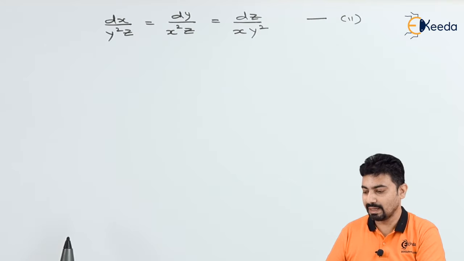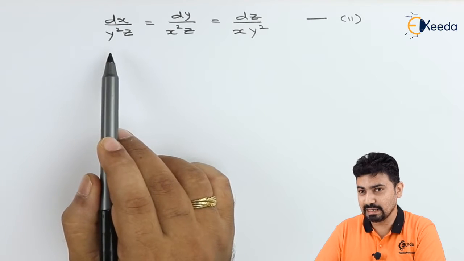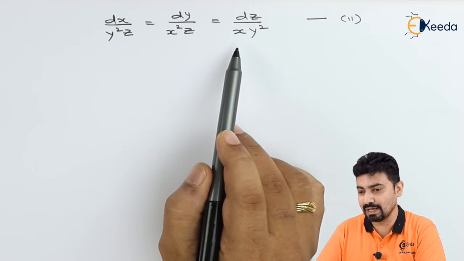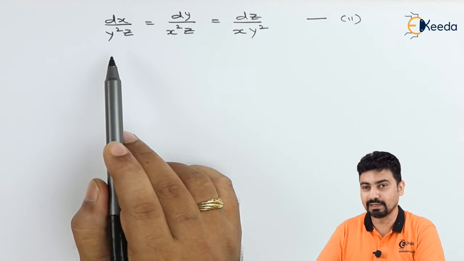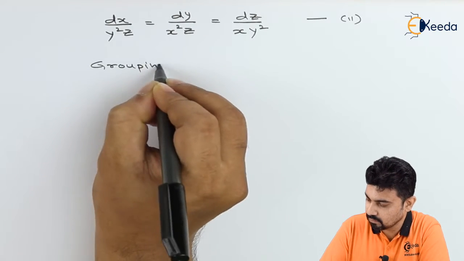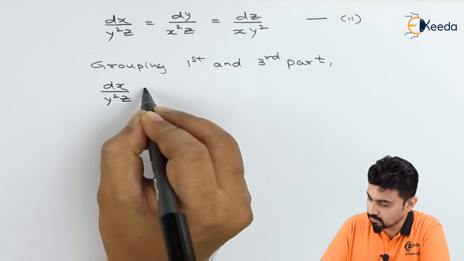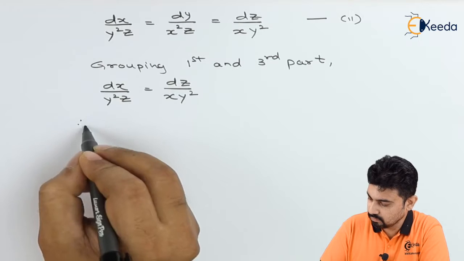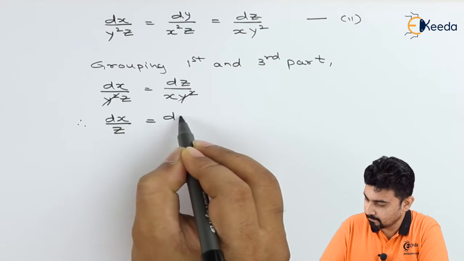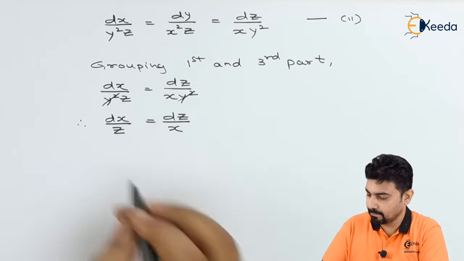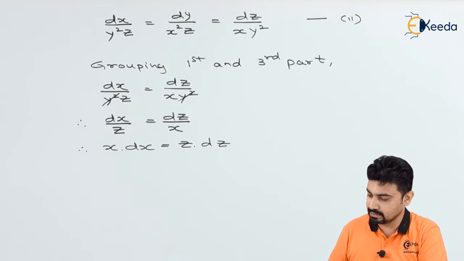From this equation 2, we can see that if we group the first part with the last part, that is dx upon y square z is equal to dz upon xy square, then y square can get cancelled and we will be able to integrate. Let us do that. Cancelling y square from both the sides, cross multiplying it, and now integrating both the sides.